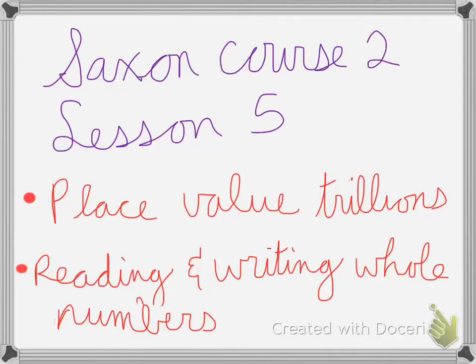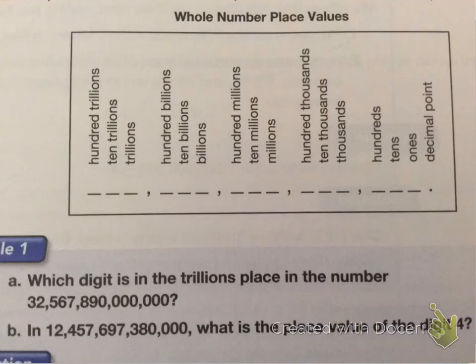Okay, so Saxon Course 2, Lesson 5, Place Value in the Trillions, and then Reading and Writing Whole Numbers. So here, I want to know which digit is in the trillions place in this number. To figure that out, I'm going to take this number and place it up here in my place value chart.